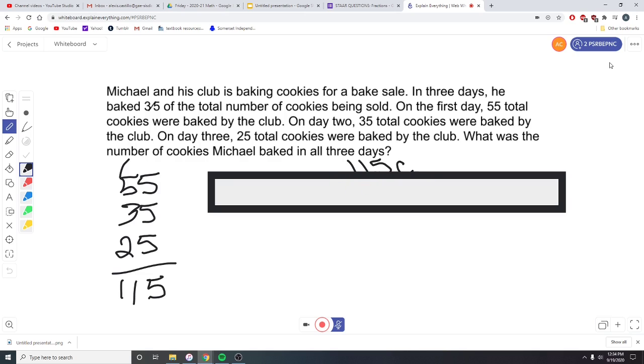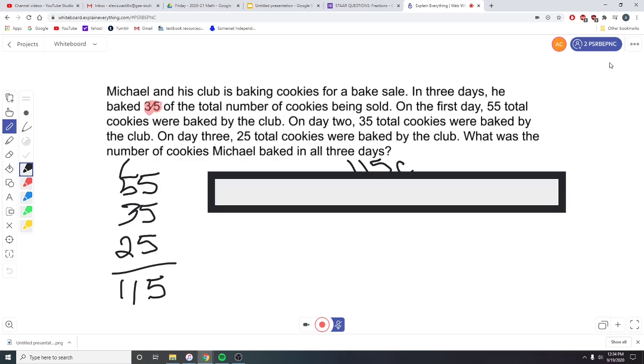I'm going to write C for cookies in this whole bar. Okay. Now, we are going to have to cut this bar into pieces and take some of those parts. Well, if we pay attention to the fraction they give us, the fraction is 3/5. That means we're going to have to cut this bar into 5 pieces and take 3.